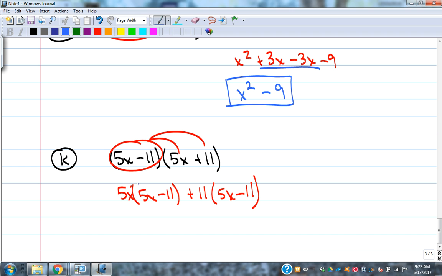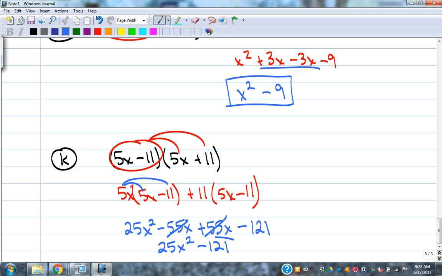So distribute again. It's 25x squared minus 55x plus 55x minus 121. 11 times 11. And then what happens to the middle terms? Don't forget that square. They cancel out just like the previous one. And there we've got our answer. Okay. Nothing, just doing the work.